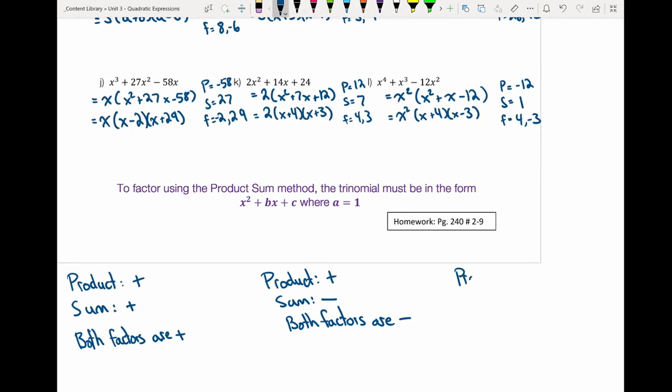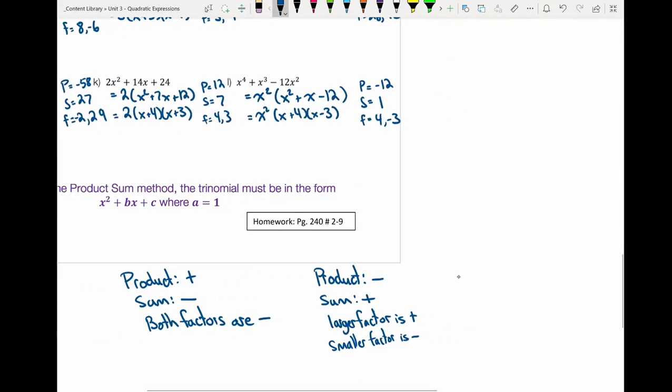And if we have a product that is negative and a sum that is positive, let's put it this way: the larger factor is positive, the smaller factor or smaller number is negative.